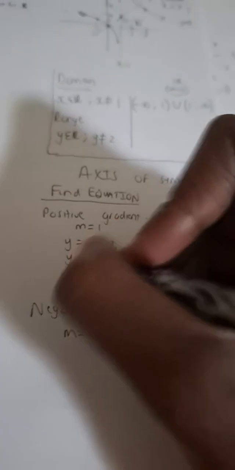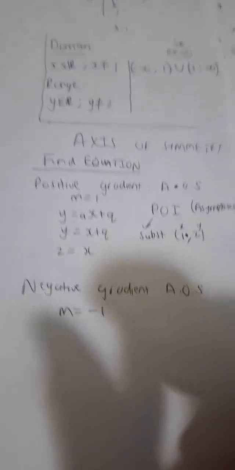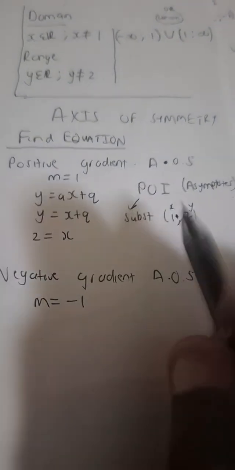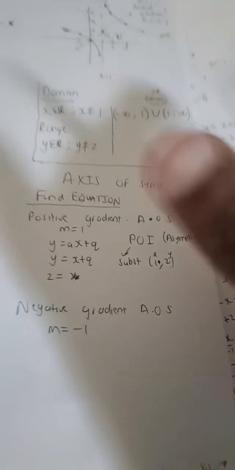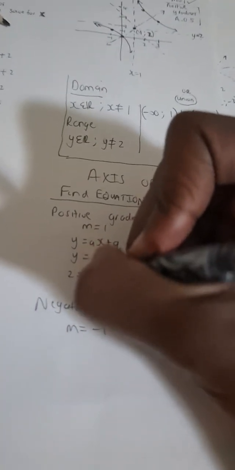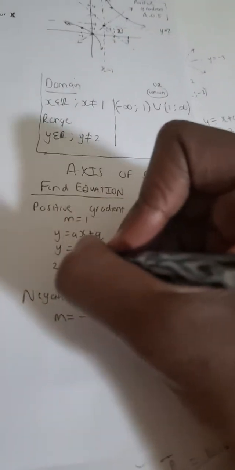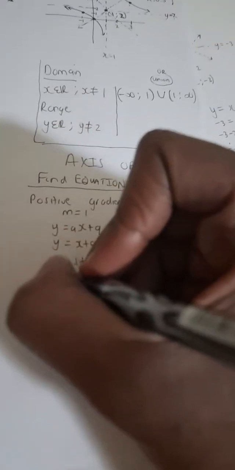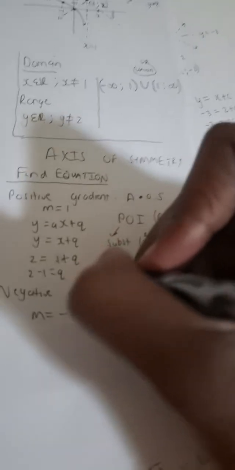This is x, this is y, so 2 = x, and the x value we are given is 1. So in the place of x we substitute 1, plus q. Then we solve 2 minus 1, therefore q is equal to 2.